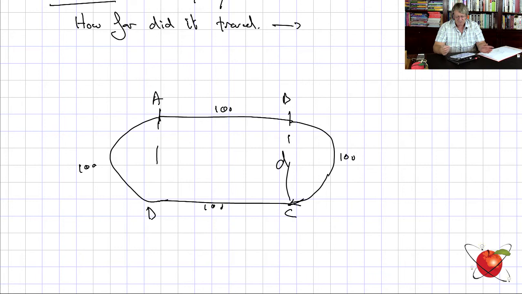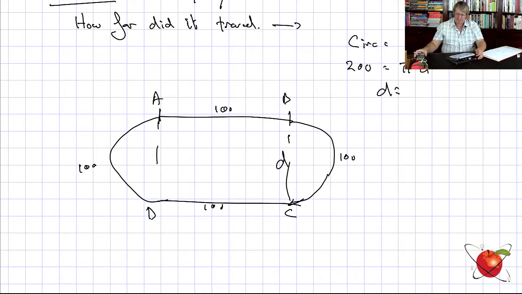For argument's sake, let's work it out. Circumference equals pi d. Circumference is 100 and 100, which is 200, equal to pi d. Therefore, d is going to be 200 divided by pi. 200 divided by pi equals 63.66 meters. It's not critical.